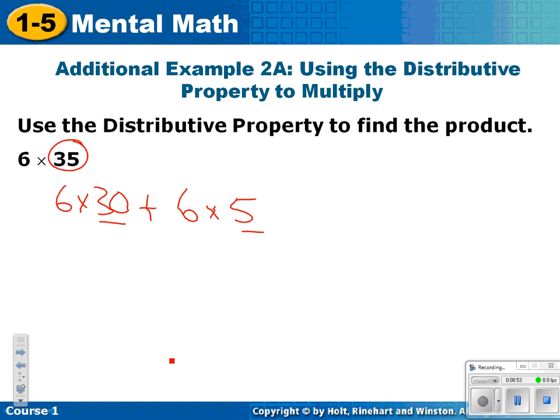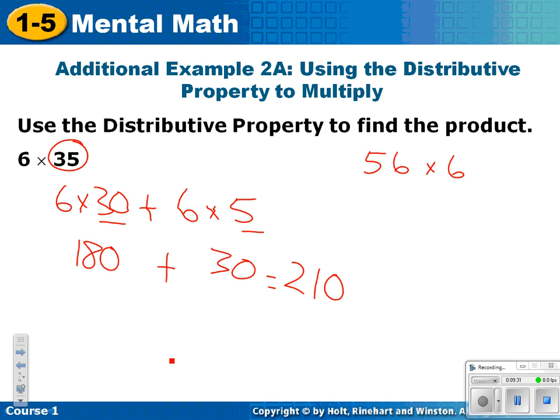What is 6 times 30? 180. What is 6 times 5? 30. Can you add those together? Absolutely. 210. So that original problem I had up there on the board before, what was it? That first one I said that you guys will be able to do this in your head pretty fast. 56 times 6.